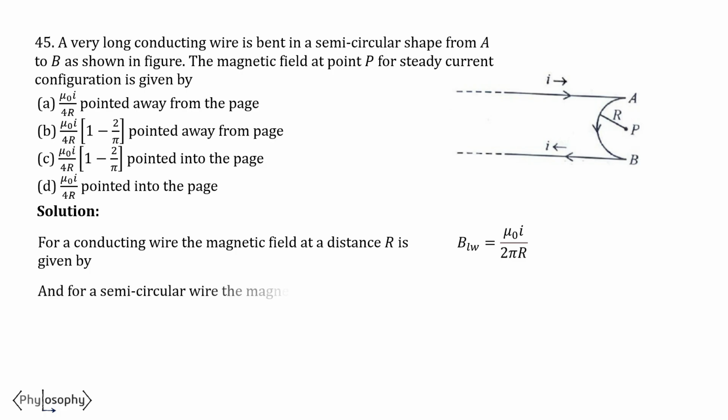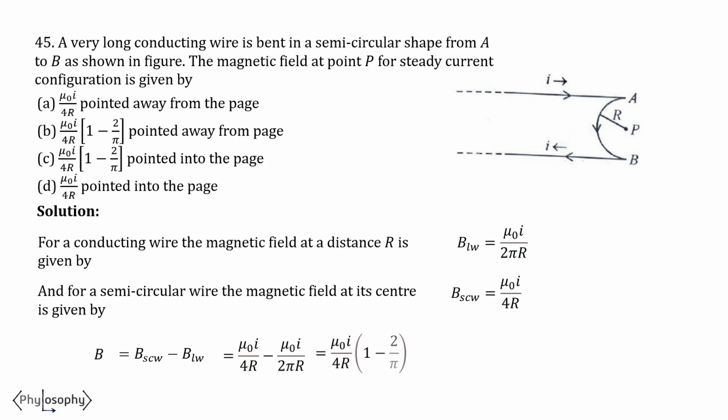And for a semicircular wire, the magnetic field at its center is given by B is equal to mu naught I by 4r. Therefore, the net magnetic field at point P will be the magnetic field for the semicircular wire minus the magnetic field for the conducting wire. Now, if we put the expressions for these two quantities, then we will get the magnetic field at point P is mu naught I by 4r times (1 minus 2 over pi). Now, if you apply the right hand thumb rule, then the direction will be away from the page. Therefore, the correct answer is option B.